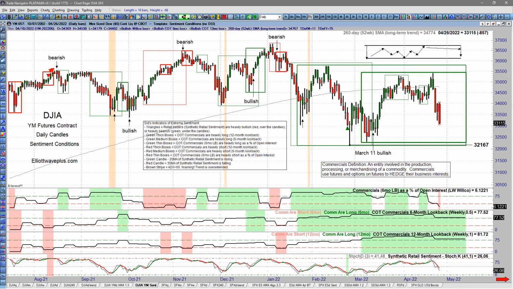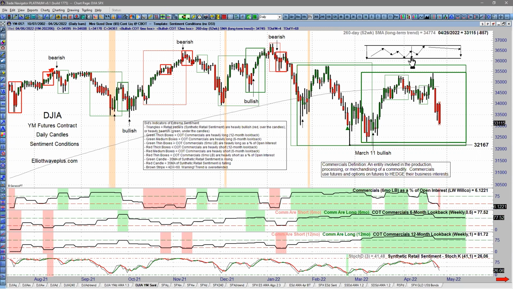Okay, just the long story short. So actually, we're at an 81 on a 1 year look back. We're definitely in the top 20% of their bullish positioning compared with their most bullish and bearish positioning over the last 1 year. Pretty close to that on the 6-month look back. Now, let's say the 6-month look back was here.